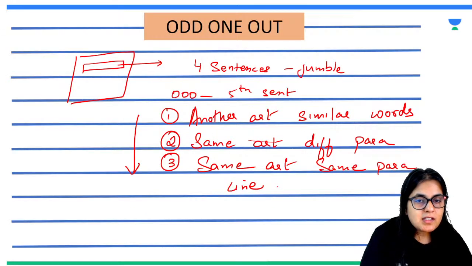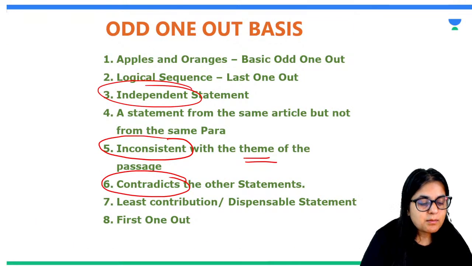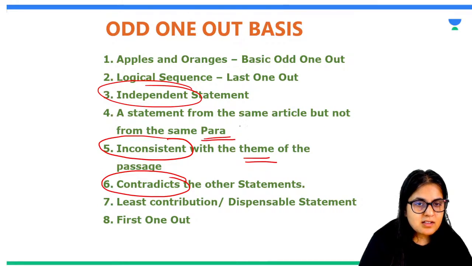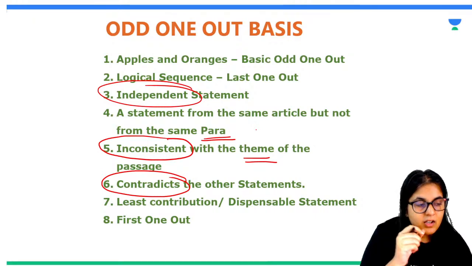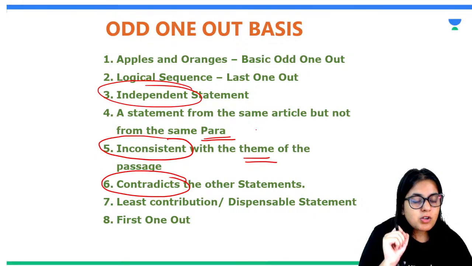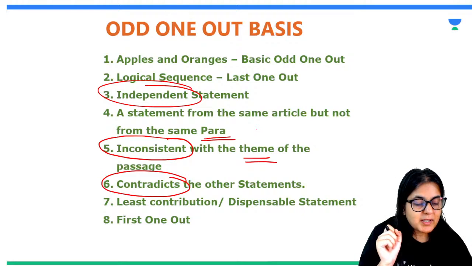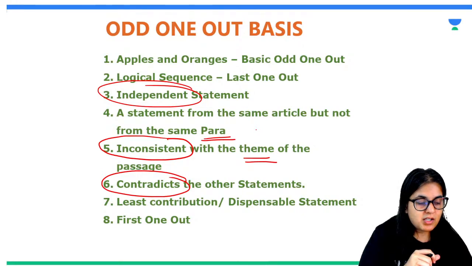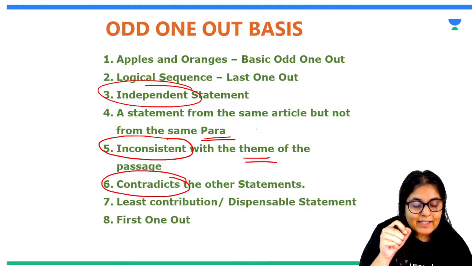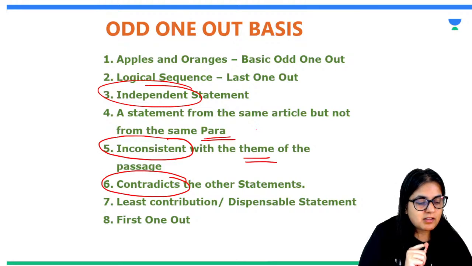Now, if they are taking a statement from the same article but different para, ये थोड़ा tricky हो जाता है because the language will be similar. But what might happen is, how do you identify it is from a different para? It might be talking about a different point. इसका भी purpose अलग हो सकता है, or it's introducing some new area altogether जो बाद में author explain करेगा. तो इस para के purpose से match नहीं हो रहा है, या कोई slightly different topic के बारे में बात कर रहा है.